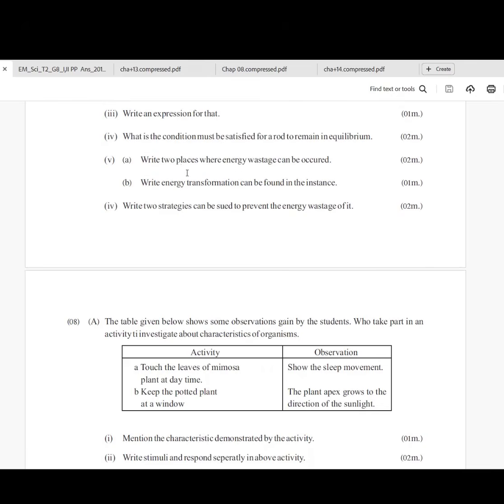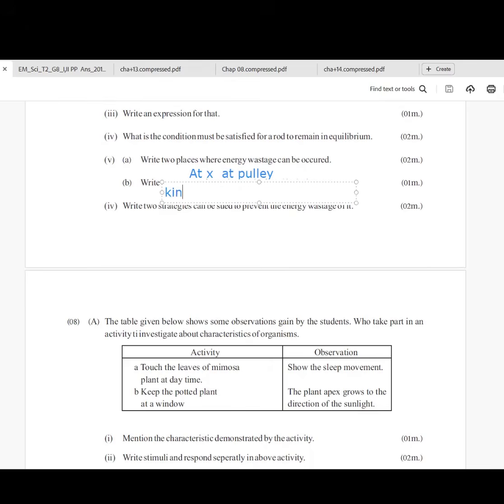Find two places where energy wastage can occur. At X when it is rotating, and another place at the pulley because of the friction. Right, energy transformation can be found in the instance.